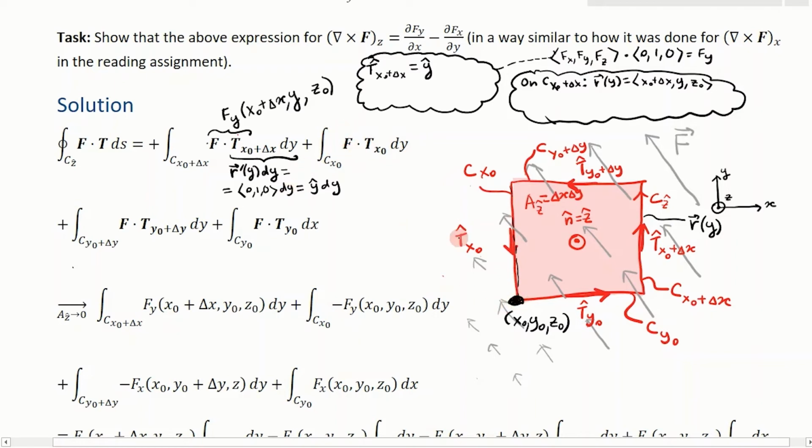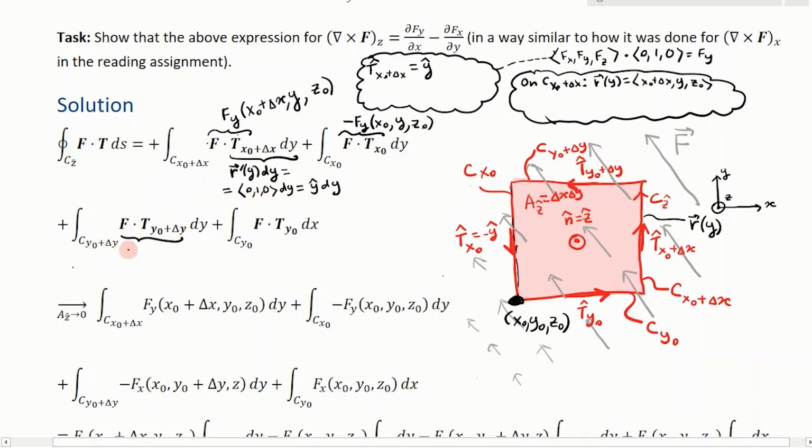On this contour, t hat is pointing in the negative y hat direction. So what we'll end up getting here is a negative y component of f. Again, it would be at x equals x naught, at y being whatever the y value is at any of those points, and z equal to z naught.